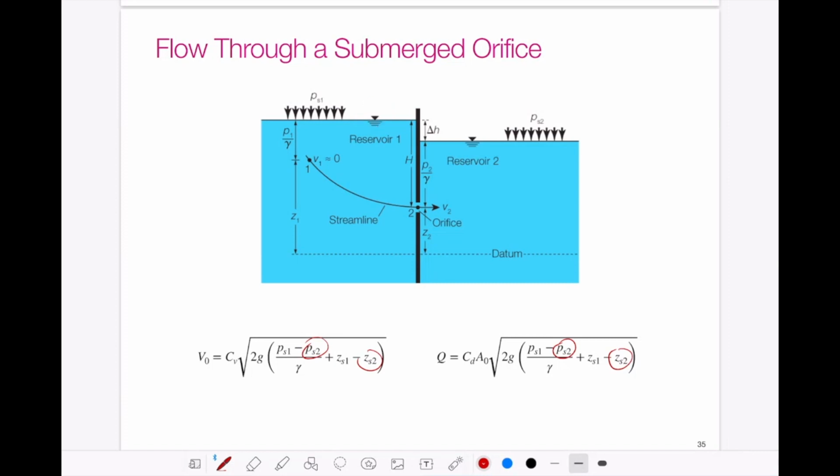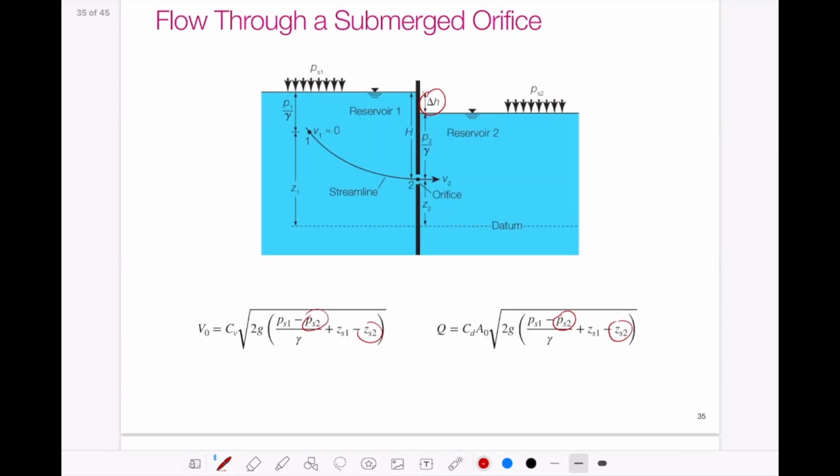Oh, delta H. This is just showing the change in height. So we could say delta H is equal to ZS1 minus ZS2. So if we know the difference in the elevation between those two reservoirs, then that can give us our delta H.